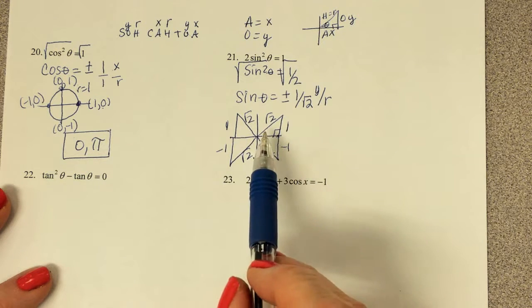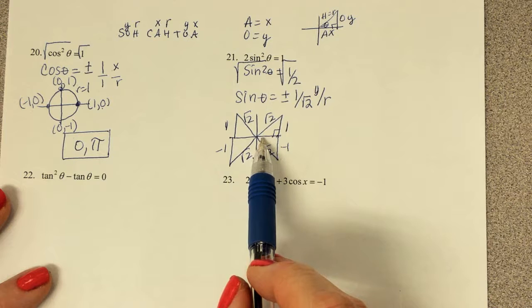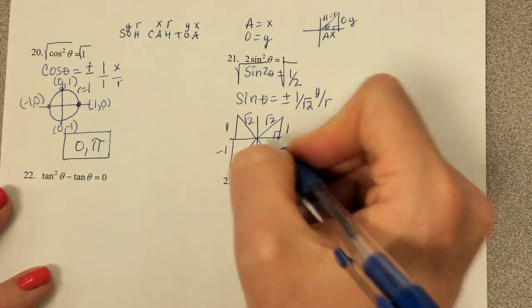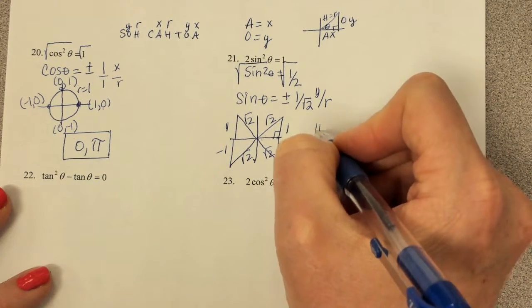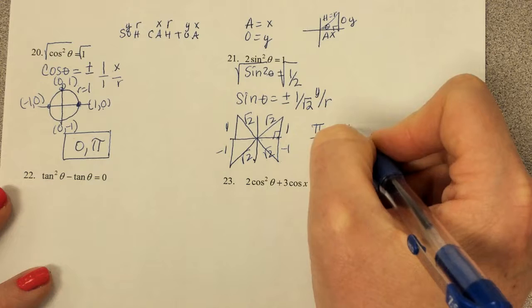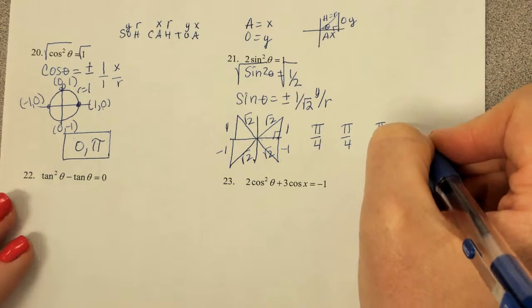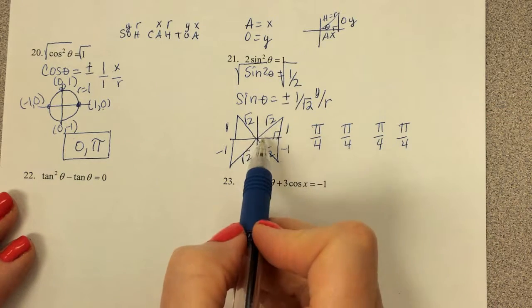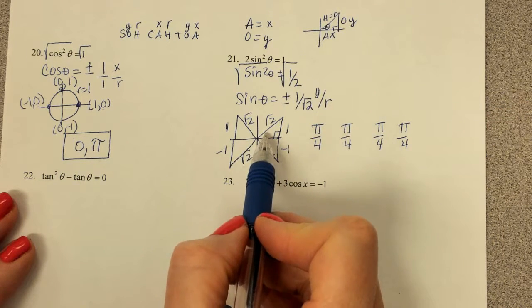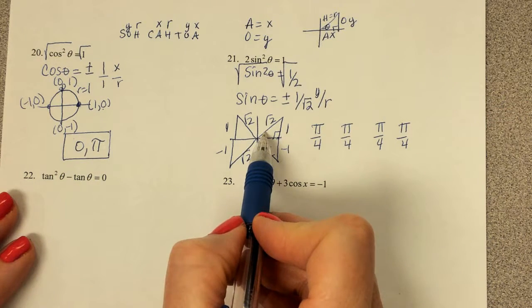Anybody know the reference angle there? Caroline, what's the reference angle? Good. So we know it's 45 degrees, which is pi over 4. Now with the pi over 4s, I know that they're going to cut this in half. So this is going to be just 1 pi over 4.